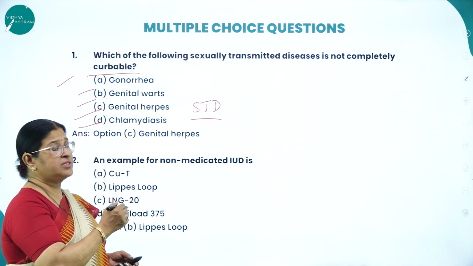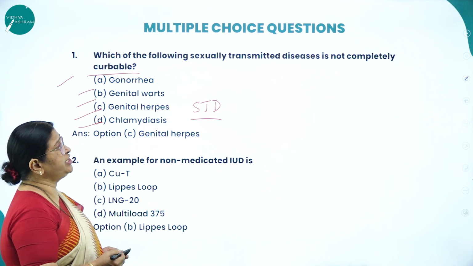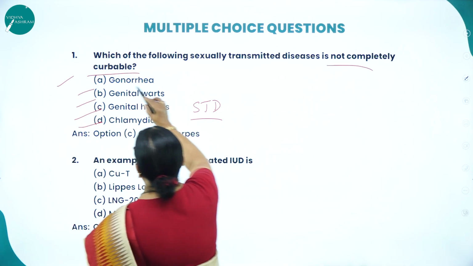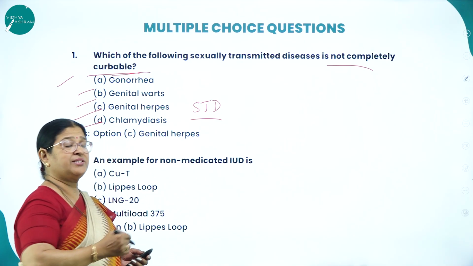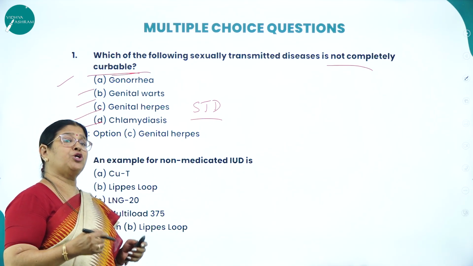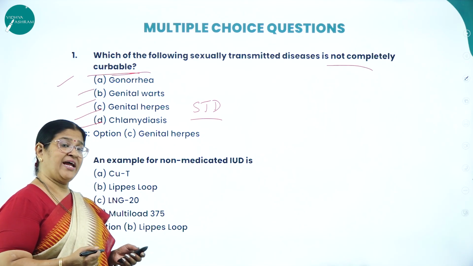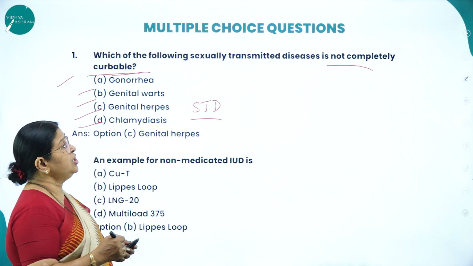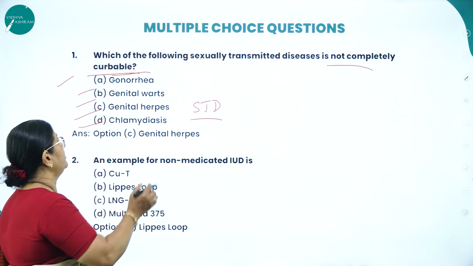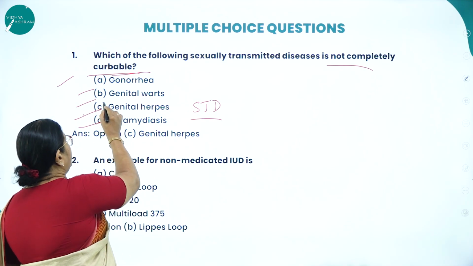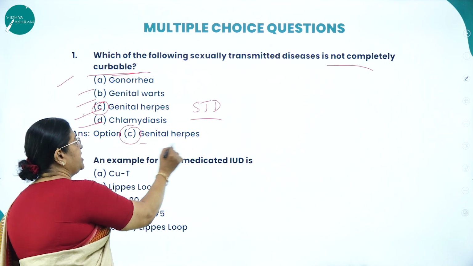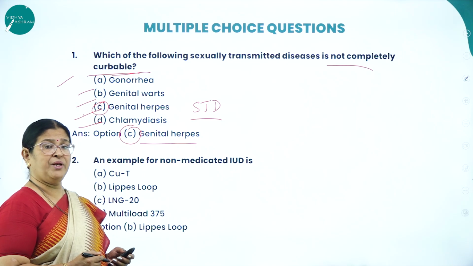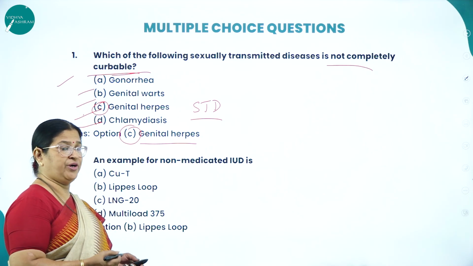But the question is, which of them is not completely curable? There are other sexually transmitted diseases which are curable when diagnosed at the right time. The answer is genital herpes, that is option C. Genital herpes is not a completely curable disease. The rest can be cured.